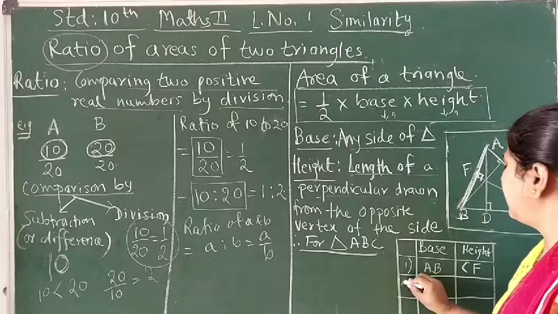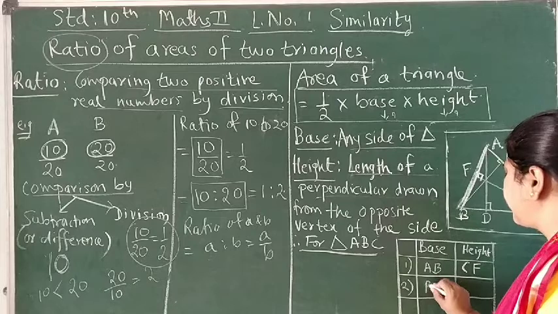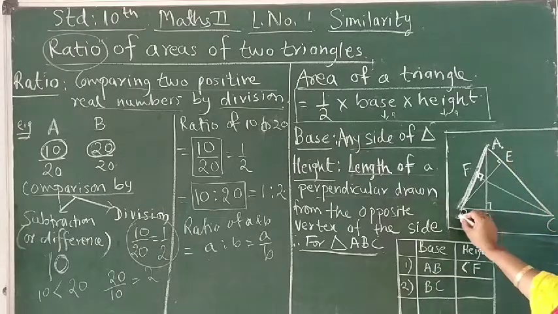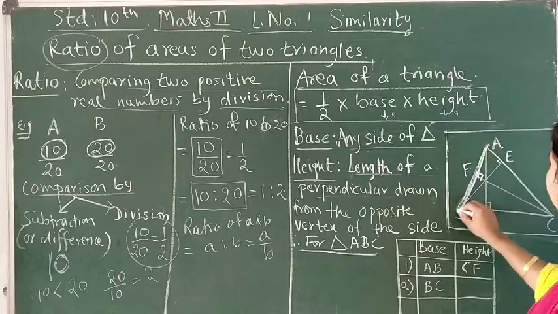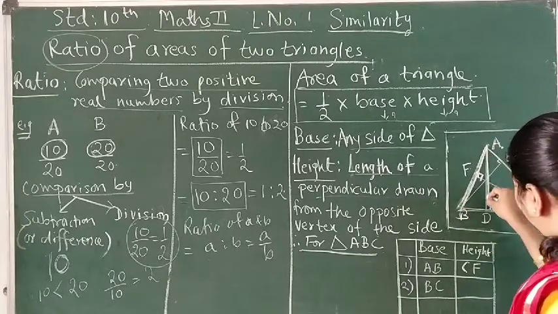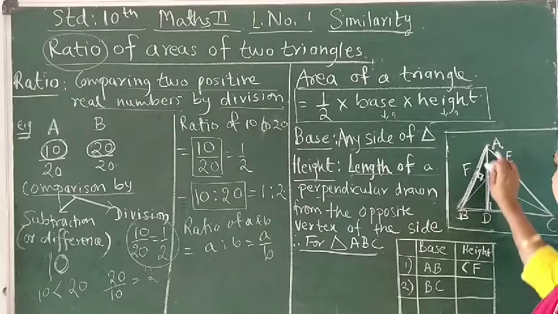Then what is another side of triangle ABC? Suppose you are taking BC. Then what is the height? If BC is the side you have taken, then the opposite vertex is A, and the perpendicular from A is AD.